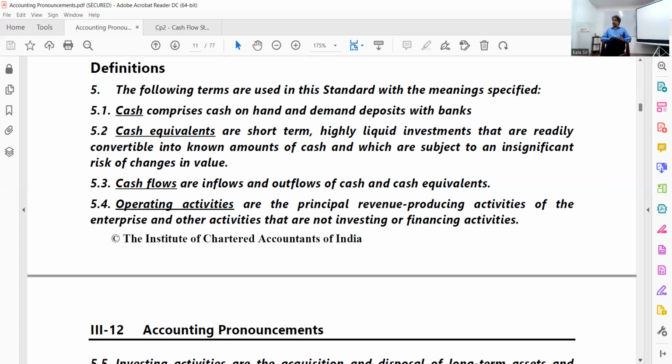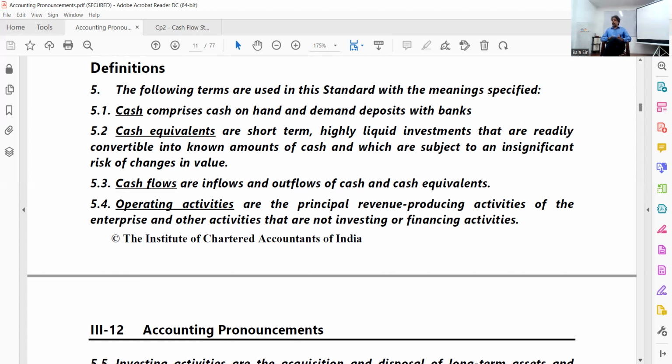And then finally, point E: interest paid and dividend paid. That is interest paid on loans or debentures and dividend paid on shares. Doesn't matter equity or preference, it is dividend paid on share capital, right? Got it? These are the examples of financing activities.